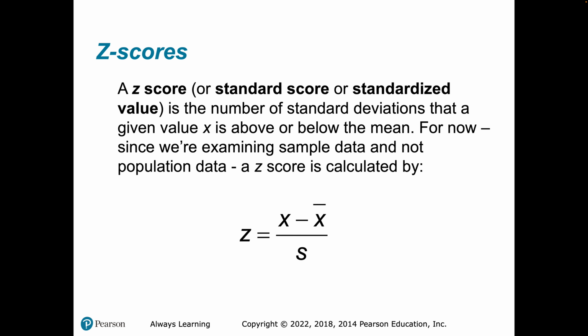The really only mistake that I see students make at this level when they're calculating a z-score, because as you can tell, there's not a lot to it, is they fail to put the numerator, the x minus x bar, in parentheses, and they end up getting an order of operations mistake, and actually just a sloppy mistake, to get the wrong z-score. So other than that, it's actually a pretty easy concept in terms of learning and executing.